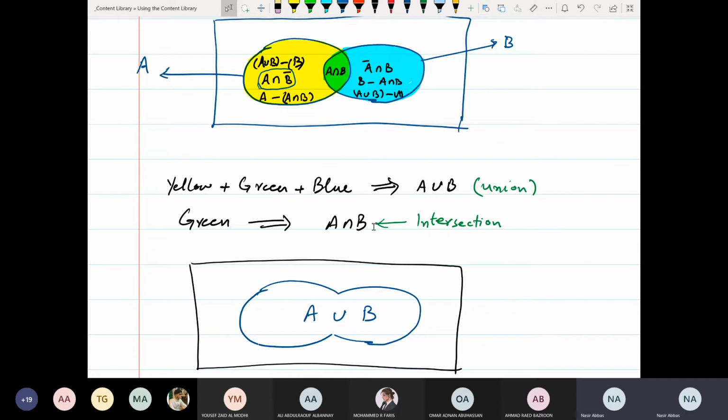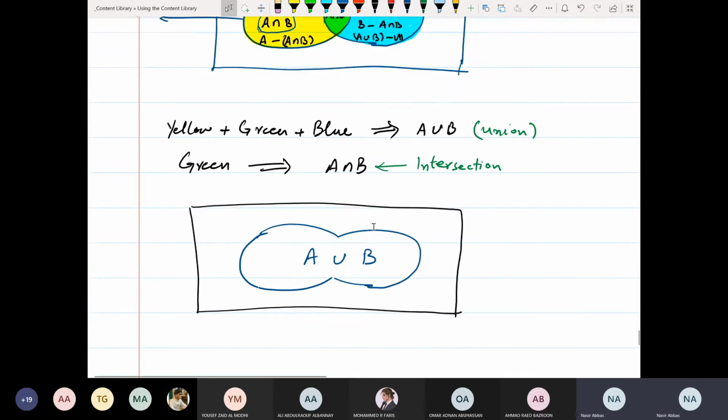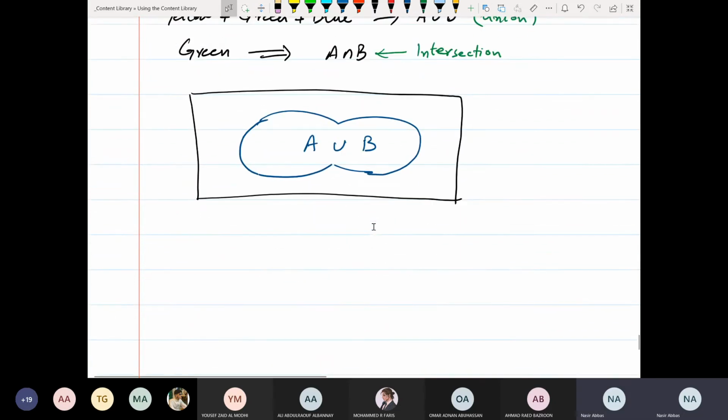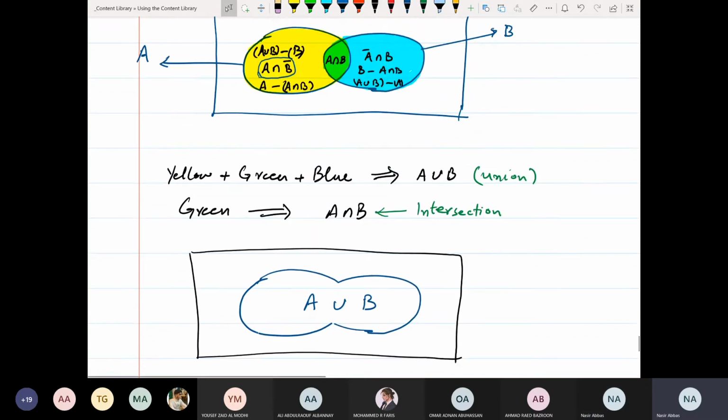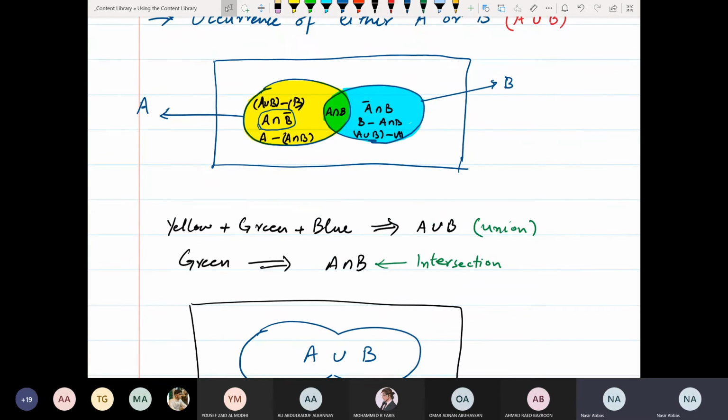Okay, finally, the last thing about these diagrams is something called the addition theorem. This addition theorem says that if you are interested in A union B, the probability of A union B can be written as the sum of these three parts: the yellow part, the green part, and the blue part.